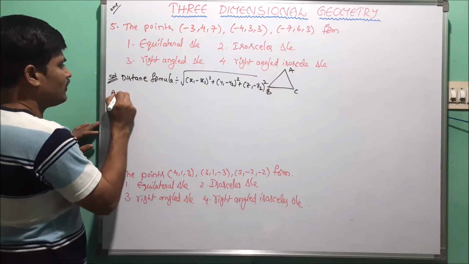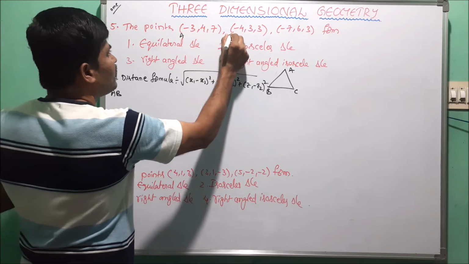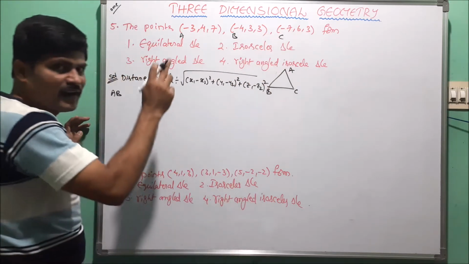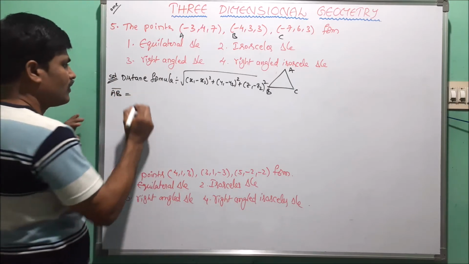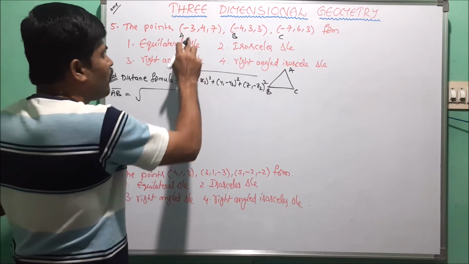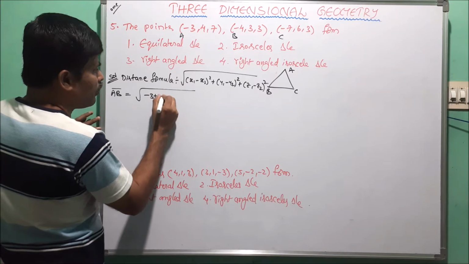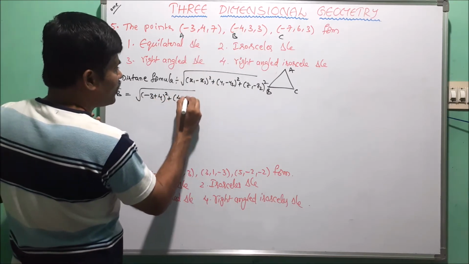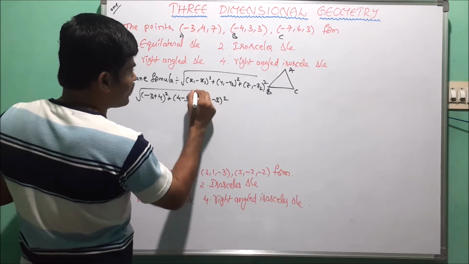Now to find the distance AB, let us consider the first point is A, the second point is B, the third point is C. These three are the vertices of the triangle. Now we take the length of AB. So AB equals square root of, we substitute the points, (minus 3 minus of minus 4) whole square plus (4 minus 3) whole square plus (7 minus 3) whole square.